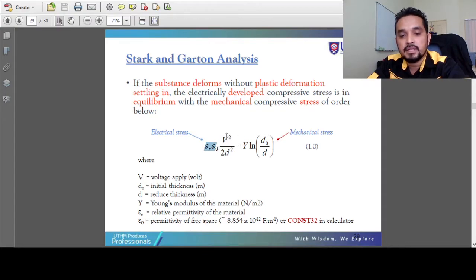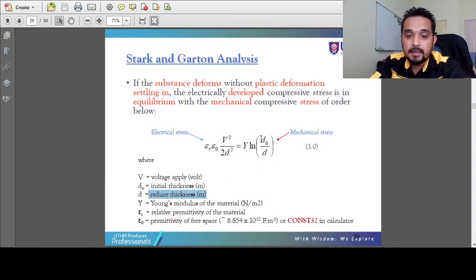V is the applied voltage. D is the reduced thickness. The reduced thickness means that, why do we have the Young modulus, ln D naught over D? D naught is the initial thickness, and the reduced thickness is the final thickness.